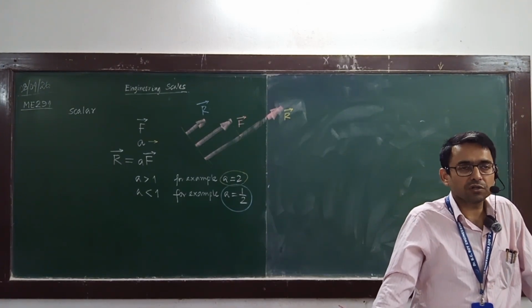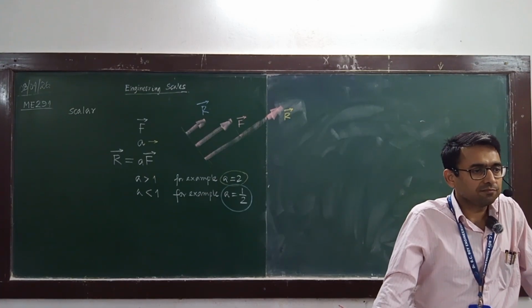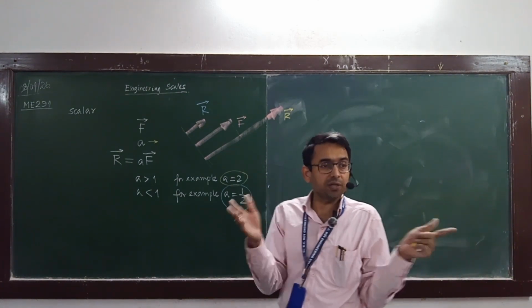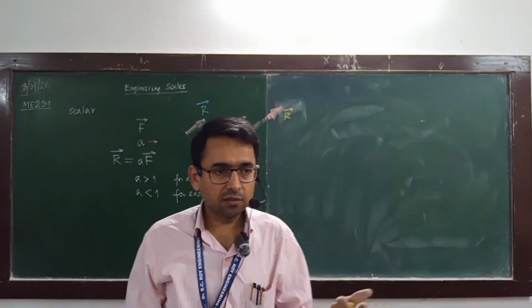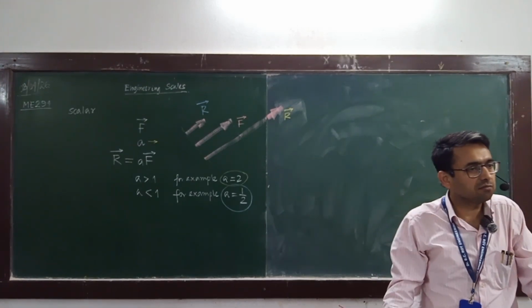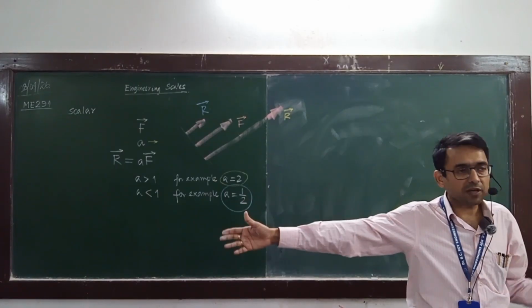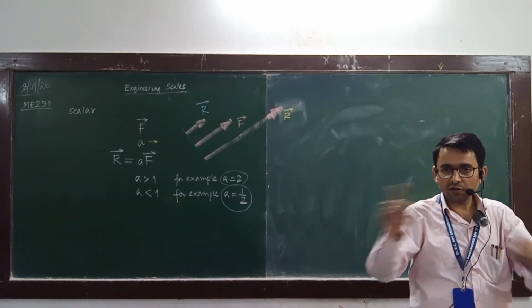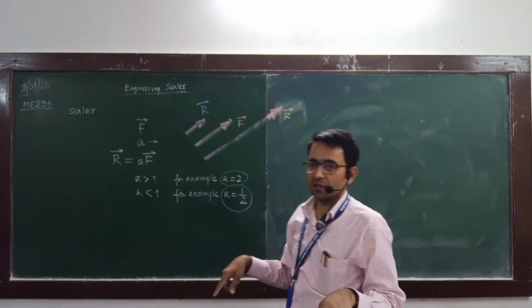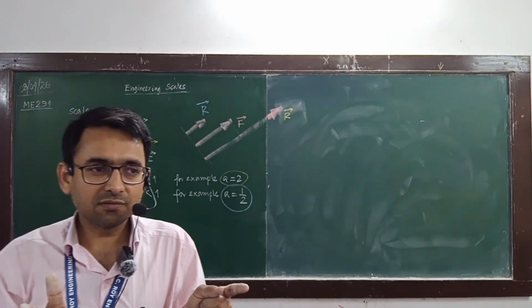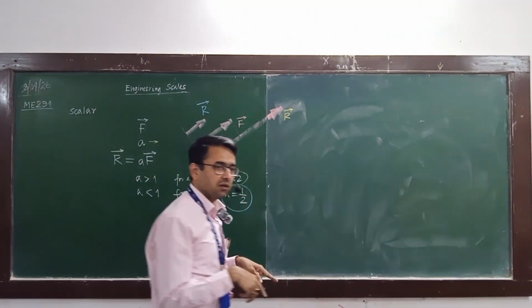Say for example, you want to draw the design of a car. Maybe you can draw it in the computer, but definitely you need to print it. You cannot print on a size the same as that of a car. The car may be say 5 meters long, so you cannot draw it on a drawing sheet of that size. So you need to reduce it so that it will fit within the boundary.